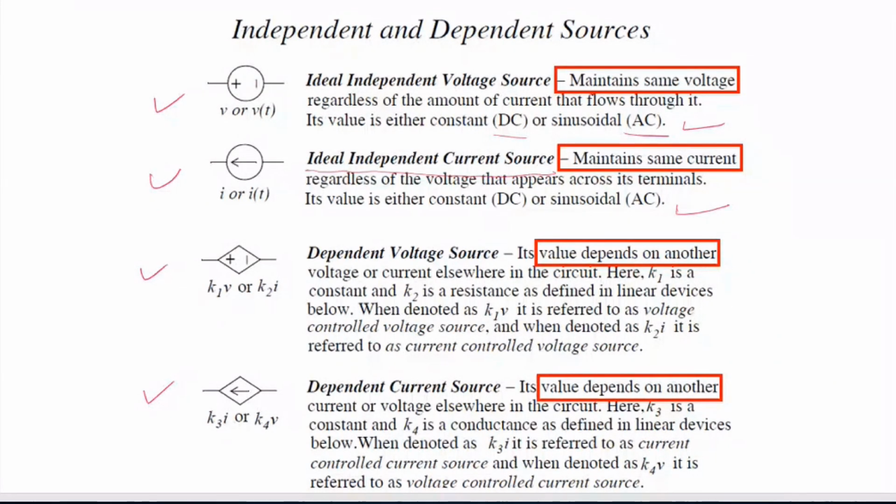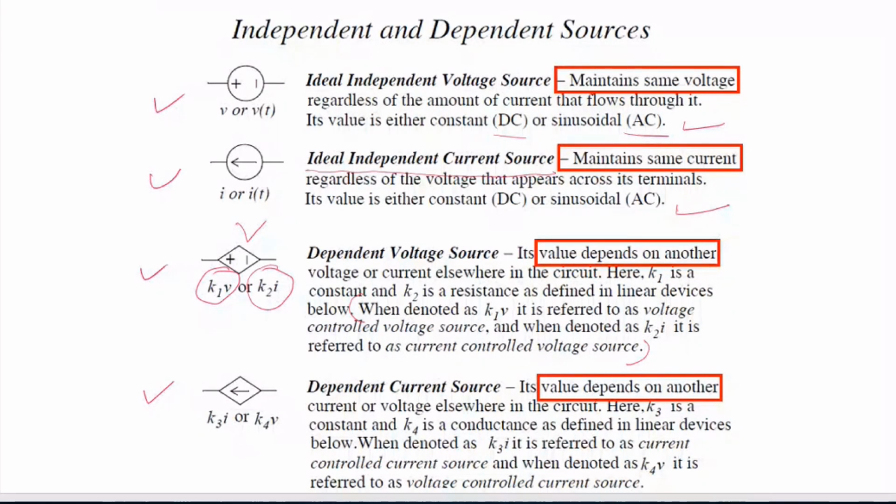And if it is represented with K2 into I, it is referred to as a current controlled voltage source.